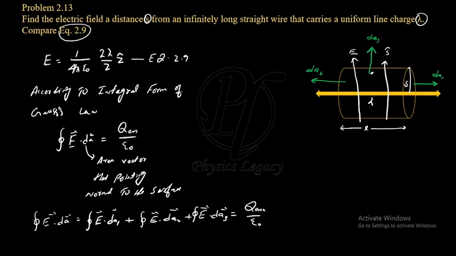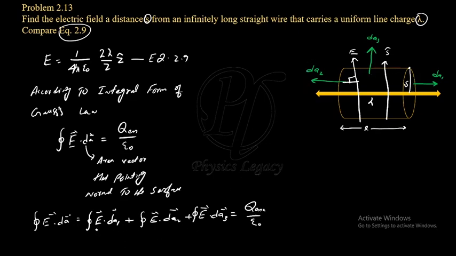As you see from the figure, area vectors dA1 and dA2 are perpendicular to the E field. So we can say that the contributions due to dA1 and dA2 will be 0.